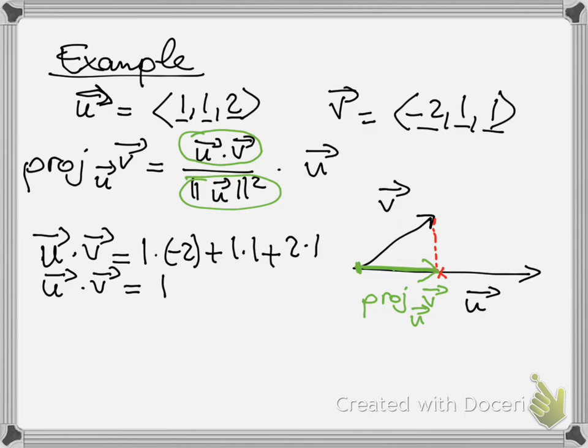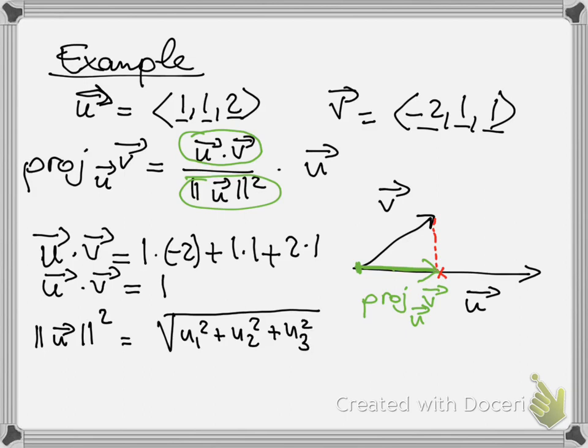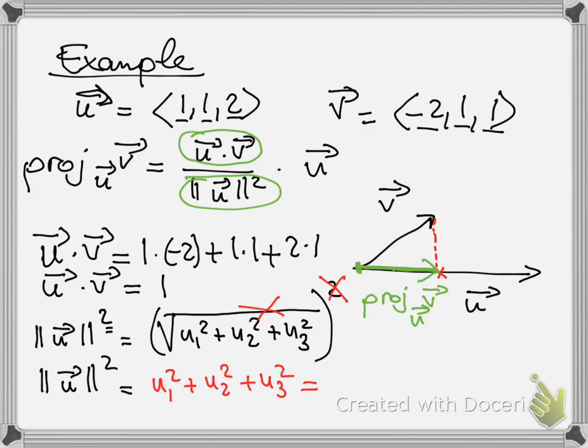Now, what's the length of u square? The length of u, remember guys, is the square root of u1 square plus u2 square plus u3 square, and because of the square here, we need to square it. So the square root and the square cancel out, so it's just u1 square plus u2 square plus u3 square. u1 is 1, so 1 square, plus u2 is 1, so plus 1 square, and then plus u3 square, so plus 2 square.